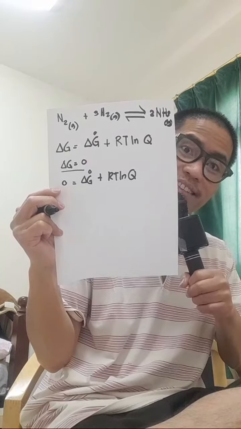So I can say that the change in standard free energy will be equal to the negative universal gas constant, capital R, times T, times natural logarithm, ln, times Q.